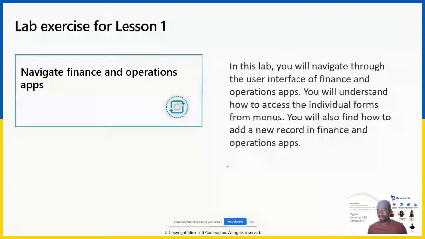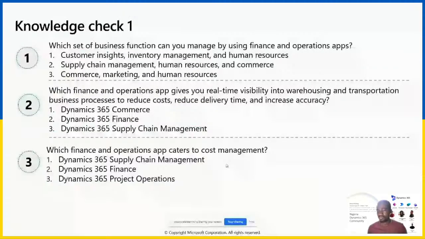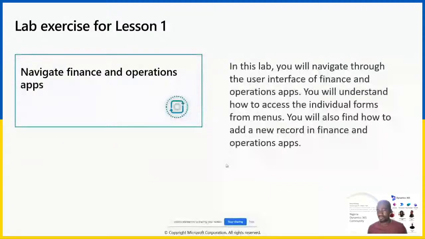So at the beginning of a project, when you want to purchase this application, there are some licenses to be bought. And when these licenses are bought, we have what we call a project which is created on lcs.dynamics.com. So we're not going to talk more about the licensing here, but the basic thing you need to know is that when you are purchasing the application, Microsoft gives you access to a right number of users by default that have license to engage through the system.